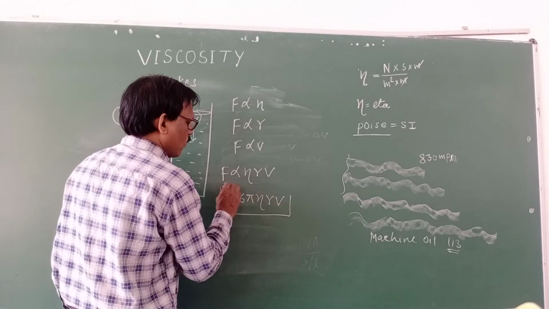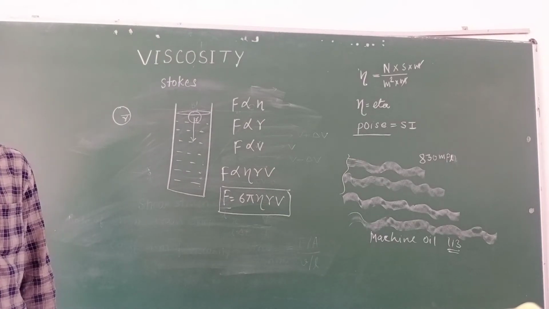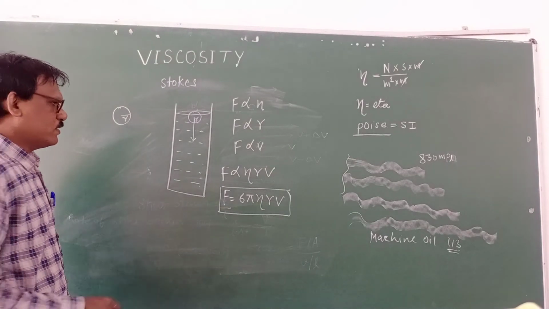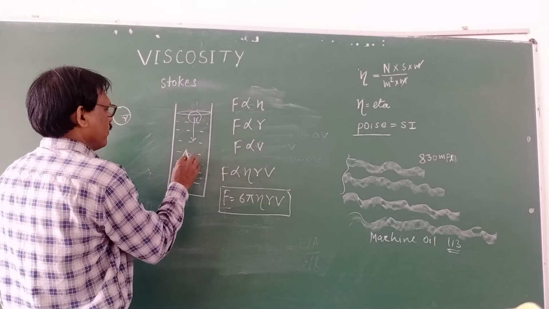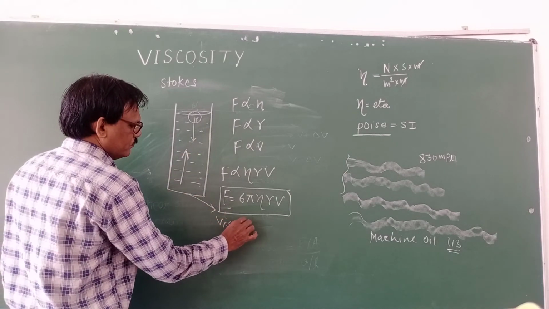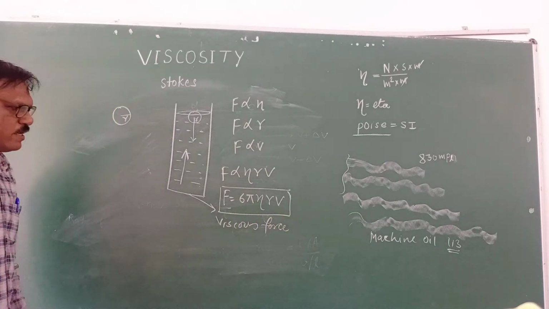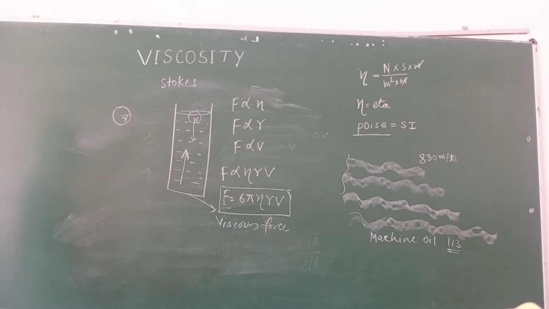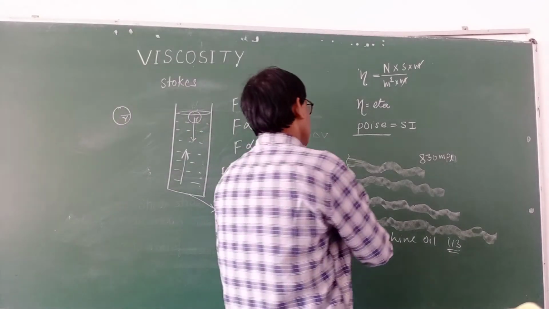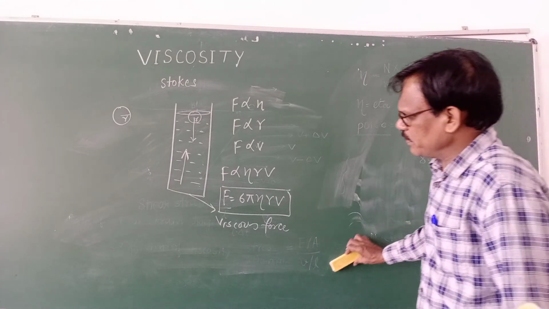This is called Stokes law. The direction of the force will be upward. This force is called the viscous force. It acts in the upward direction on any steel ball when it is allowed to fall in a liquid.